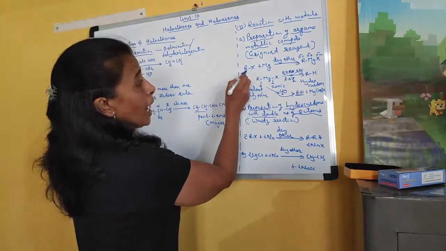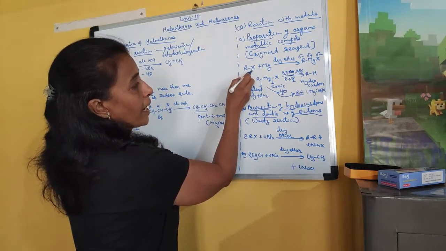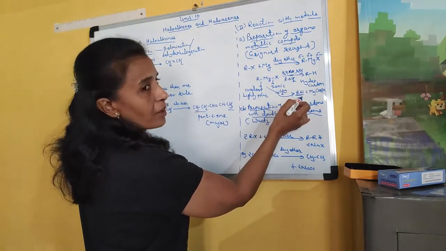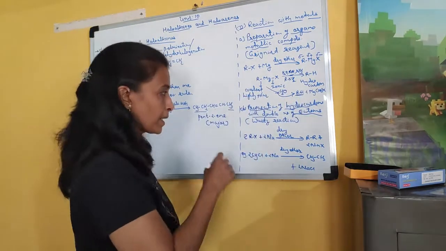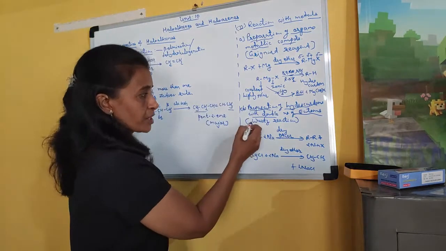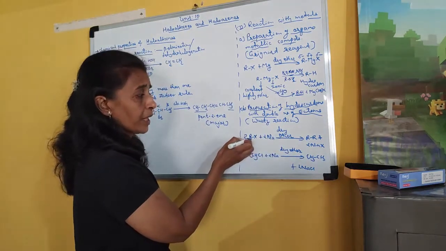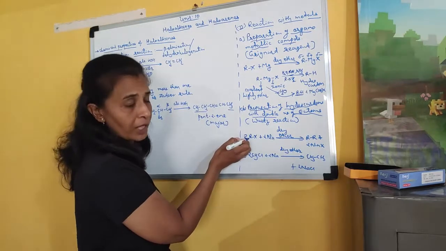Here you see I have taken RX, and in the final product, that is hydrocarbon, I was getting RH. But in this reaction, which is known as Wurtz reaction, we have to take 2 moles of haloalkane.